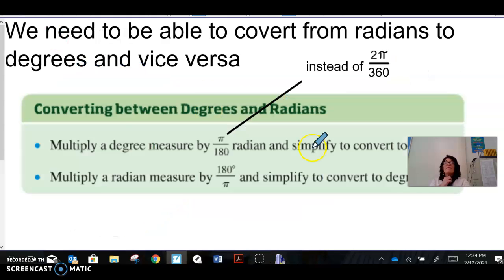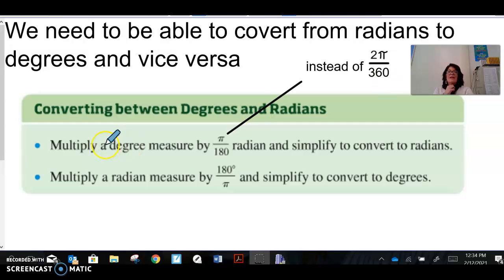Okay? Here's the little formula. If you want to get from degrees to radians, then you're going to multiply by pi over 180. We could have said 2 pi over 360, because 2 pi is the whole way around the circle, right? 2 pi r. 2 pi is the whole way around the circle. 360 degrees is the whole way around the circle.